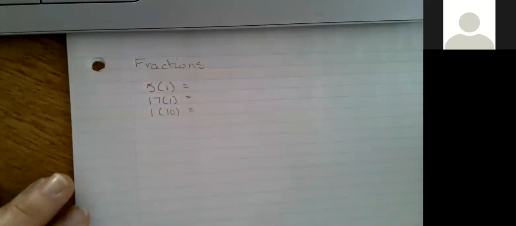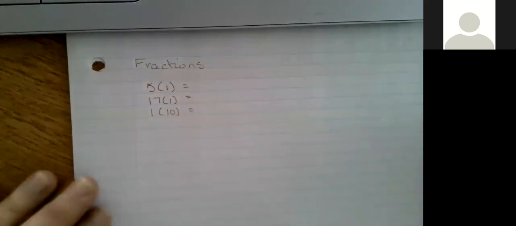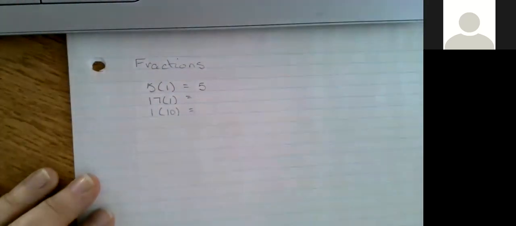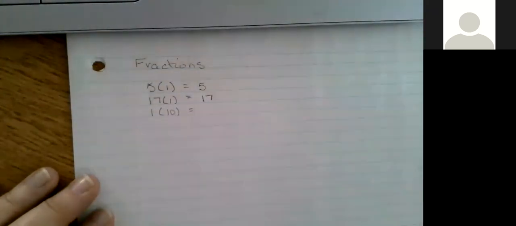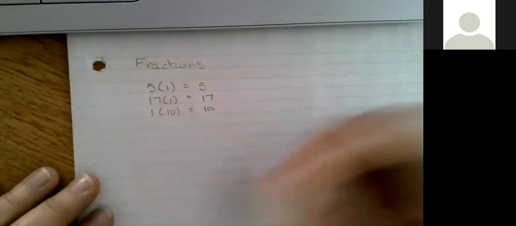So hey, 5 times 1. Tristan, what's the answer? It's 5. And I'm not even going to insult you by asking the other ones. 17 times 1 is 17. And 1 times 10 is 10. Okay, whether it's the 1 first or the other number, 1 times anything is that value.